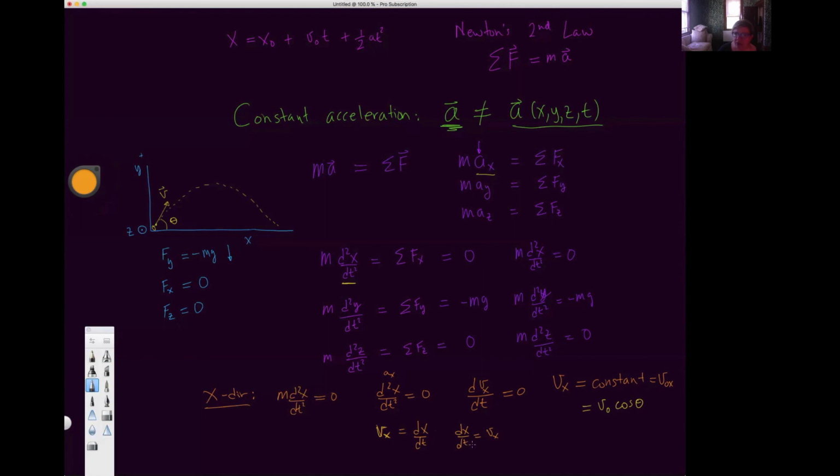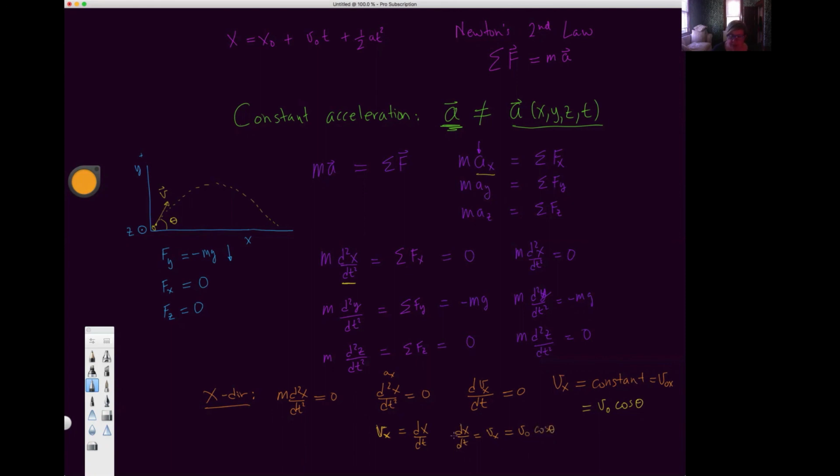So now I can write in what I have here, which is v0 cosine theta. Give me one second here. Okay, that doesn't really look like theta. Let me fix that. And let's fix this whole thing. Okay. So again, v0x is v0 cosine of theta. So that's the differential equation.